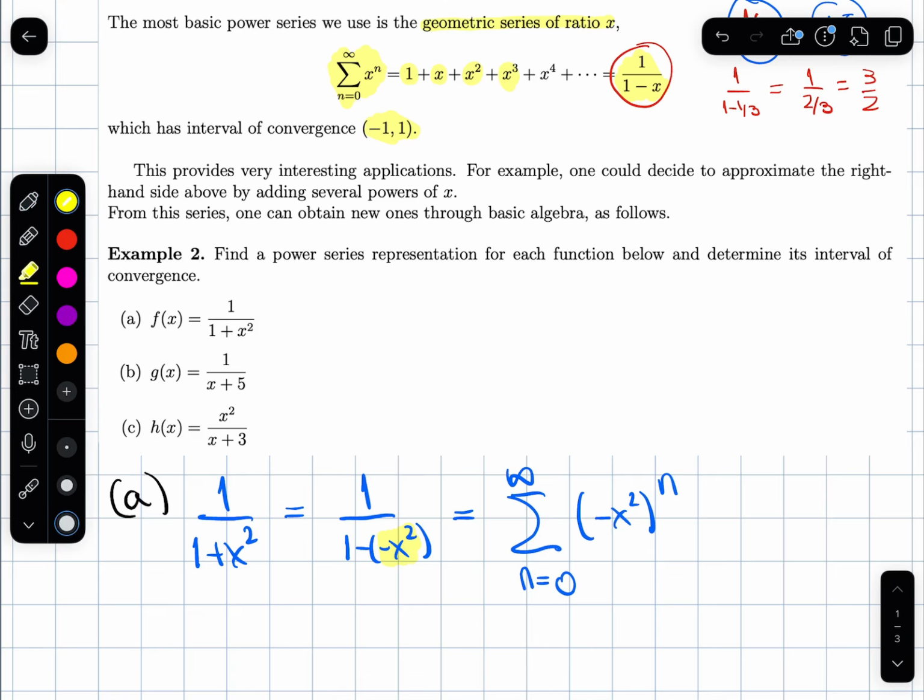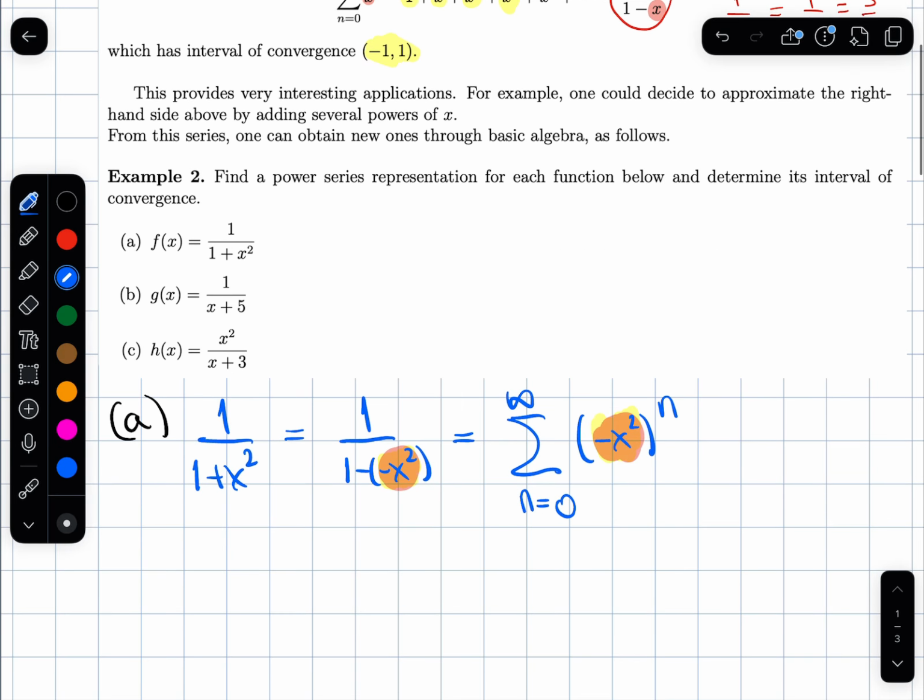All I've done was replace the ratio with this. I took this whole thing and replaced x in here, so it turns into this. That is the first of many applications, of course, of many new series you can get.